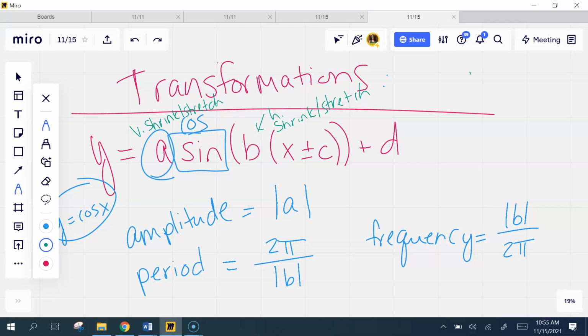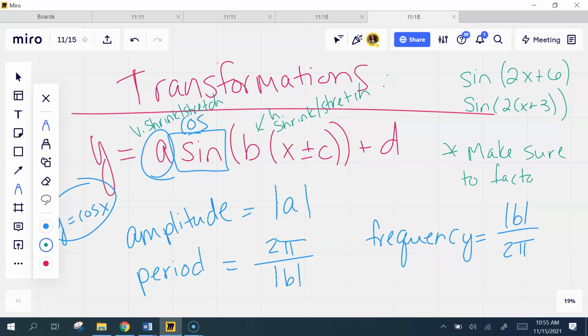If I had the sine of 2x plus 6, my c is not 6 there. It's 3. I would have to write it as the sine of 2 times x plus 3 to find b. So be very careful and make sure to factor out b. Otherwise, your shift's not going to be right.